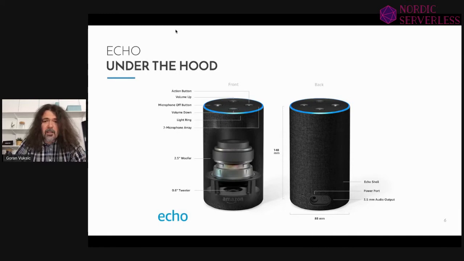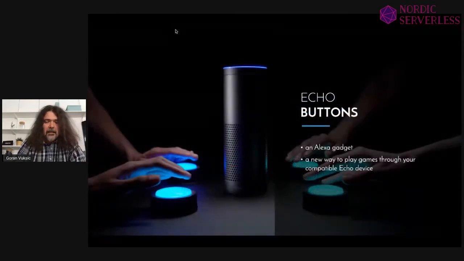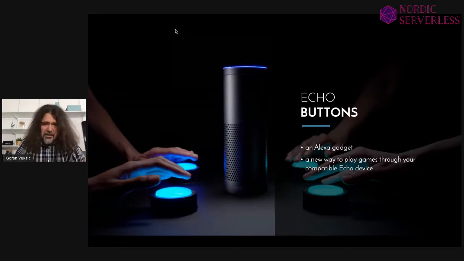Under the hood, Alexa is mostly a speaker that records the voice and sends it off to the internet for recognition in the cloud, and gives you back some answer, trying to understand what you are asking it. Around Echo there are a lot of devices in this ecosystem.